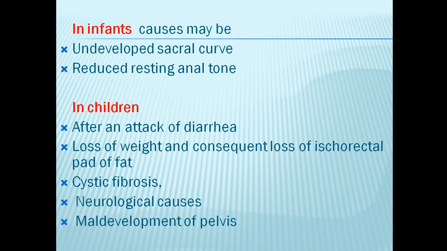So this can bring about the prolapse in children, or diseases like cystic fibrosis, neurological causes, or maybe even due to maldevelopment of pelvis.